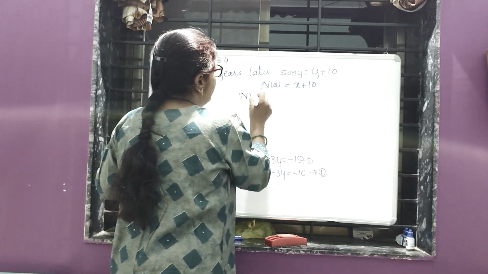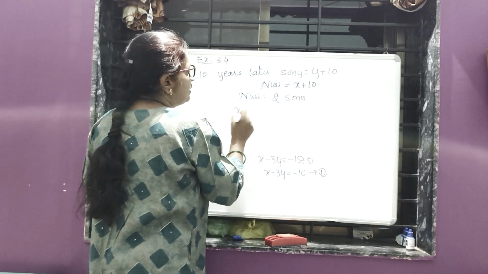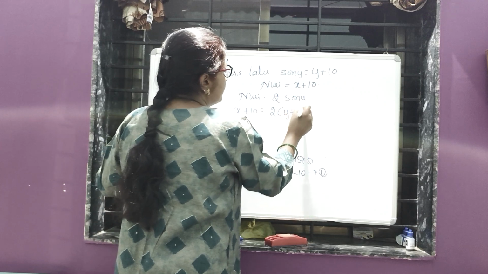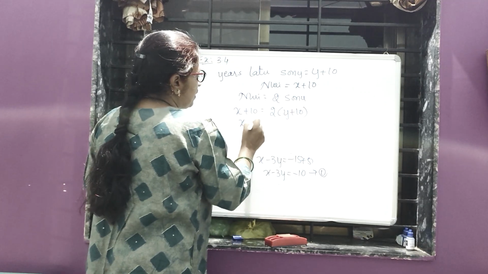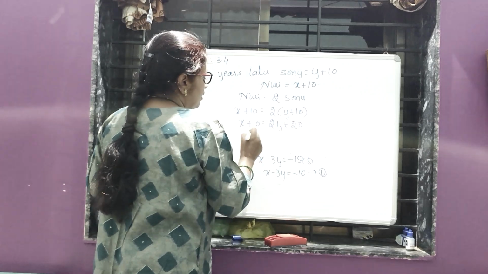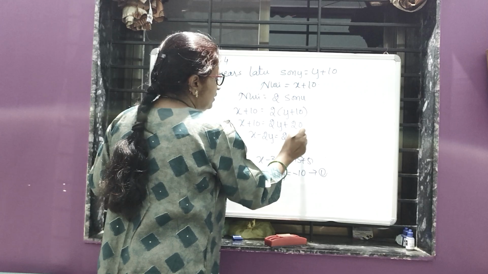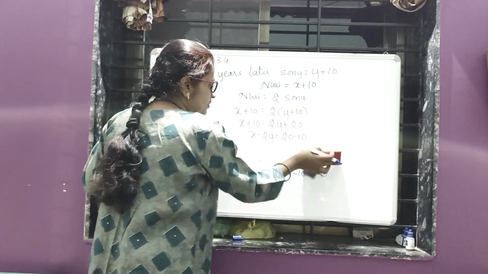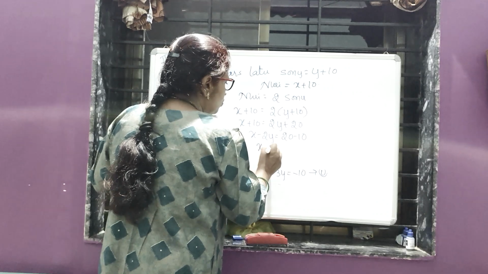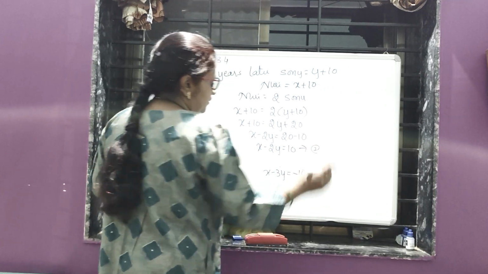Nuri will be 2 into age of Sonu. x plus 10 is equal to 2 into y plus 10. So x plus 10 is equal to 2y plus 20. x minus 2y is equal to 20 minus 10. So x minus 2y is equal to 10. This is our second equation.